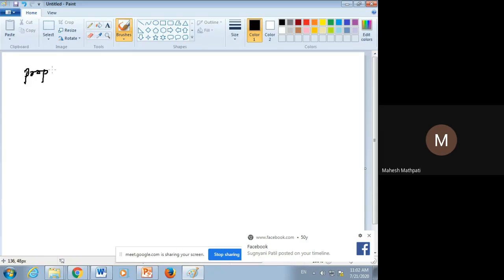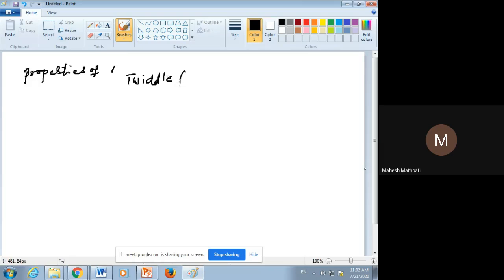Simply we write it as Wn, and we call it the Twiddle factor here. By use of this Twiddle factor property, we are reducing the complexity in the FFT algorithm. So you just add one line.